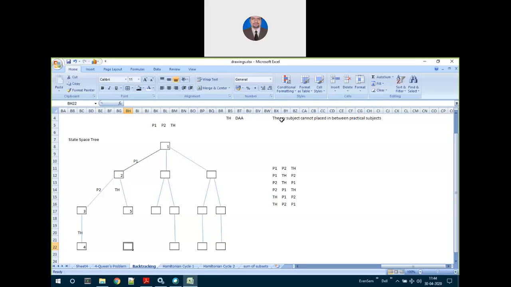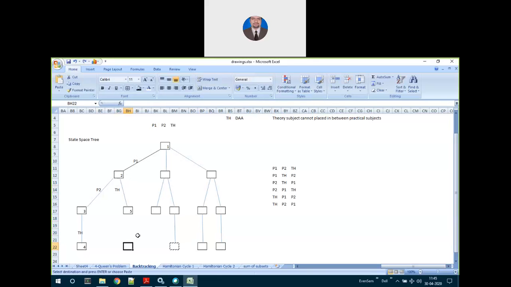The constraint or the bounding function is that the theory subject cannot be placed in between the practical subjects. If I wish to have one more node here and I assign this particular slot to, say, P2, then what will happen? The theory will be kept between two practical subjects, which is a violation of the rules, or the bounding function. So I cannot do it here.